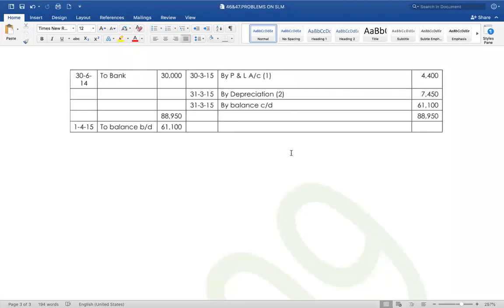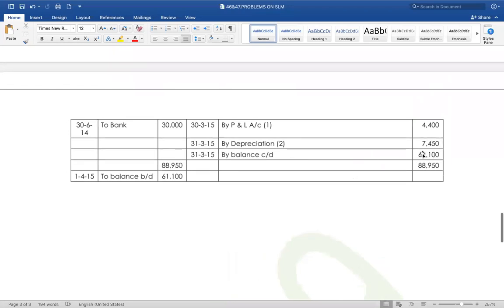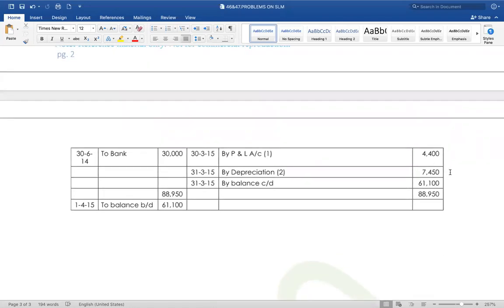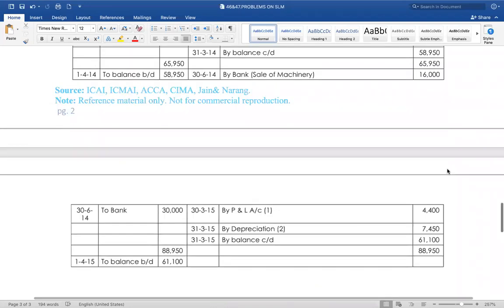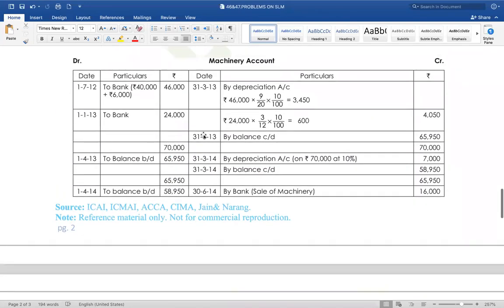So 7,450 is the depreciation on the old machines and the new machine bought. Now look at this. There are two old machines. You will calculate depreciation on 46,000 for the full year.